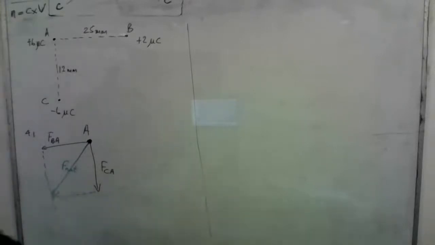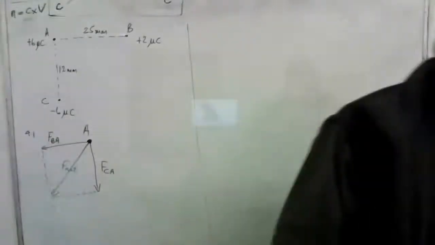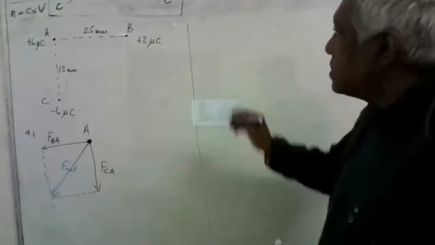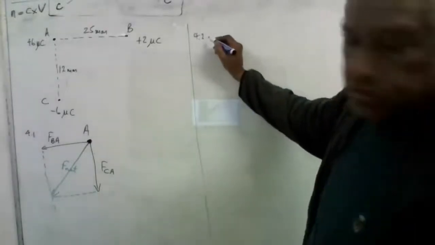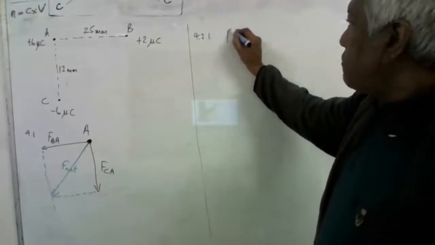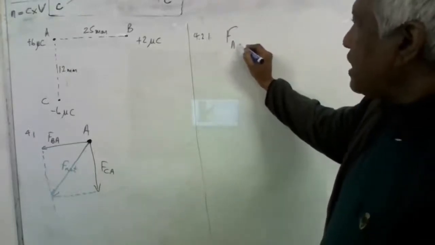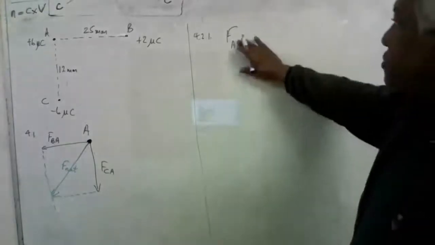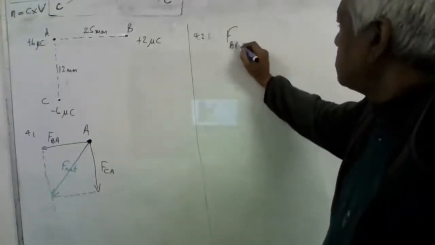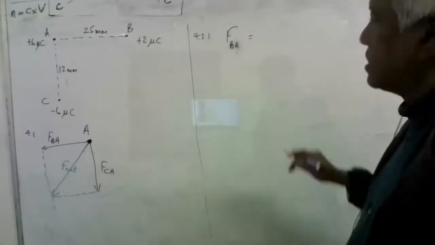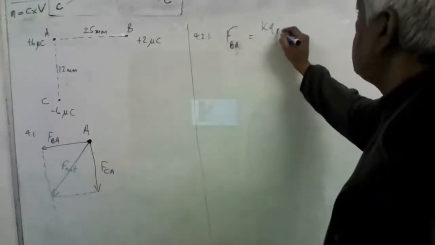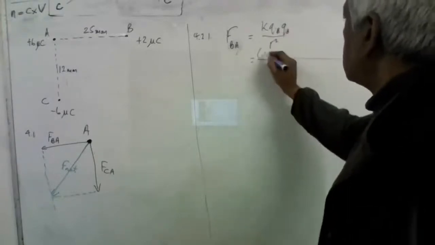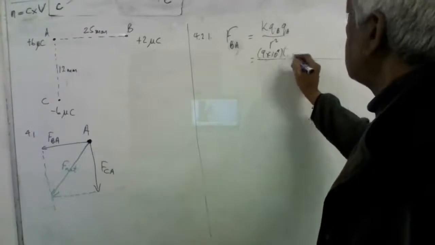Next, 4.2. Determine the electrostatic force that A experiences due to charge B. So 4.2.1, the force of A on B. No, sorry, the force of B on A. Please, you must get the notation right. So that will be K, QB, QA over R squared, which is 9 times 10 to the 9, QB.